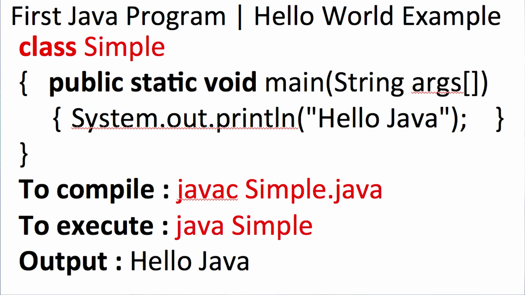That's why we have saved the file as Simple.java, compiled it by javac Simple.java, and then executed it by java Simple, and finally we got the output hello Java. This output comes from System.out.println.